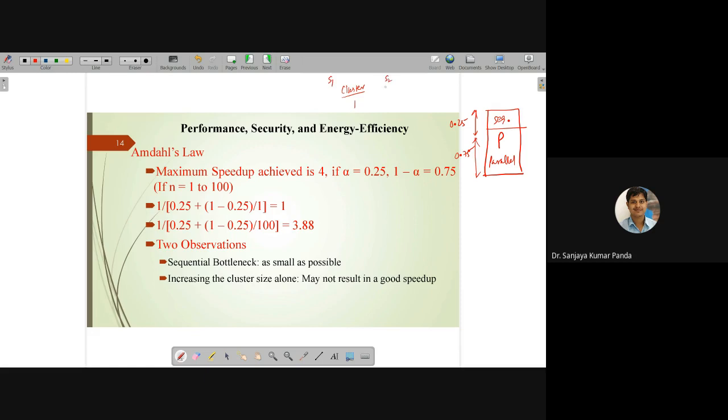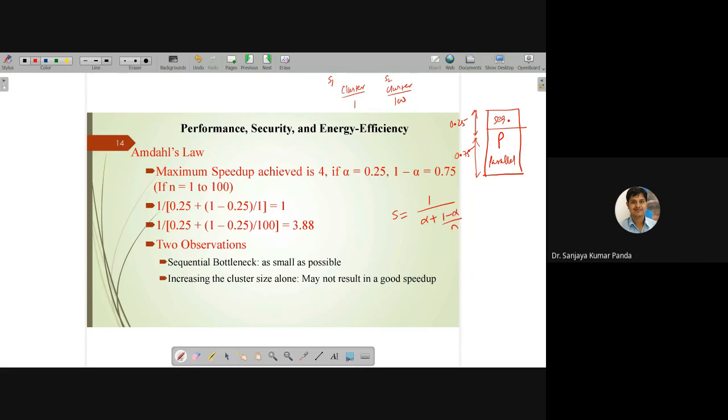In scenario 2, let us consider a cluster that has 100 different nodes. The speedup S is equal to 1 divided by alpha plus (1 minus alpha) divided by n.